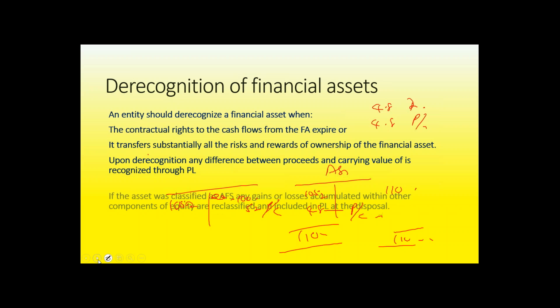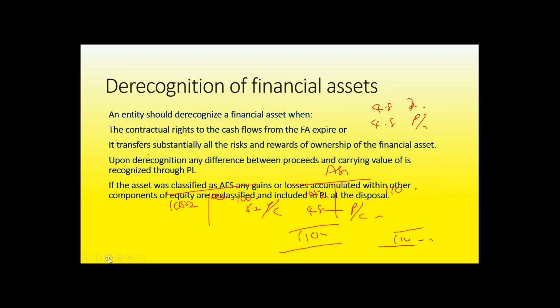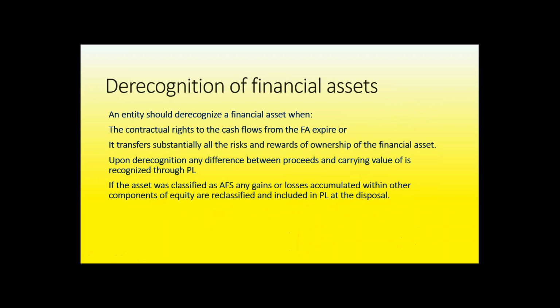So if the asset was classified as AFS, any gains or losses accumulated within other components are reclassified. You remember that we told you when it is available for sale, all our gains or losses are in the reserve account. And now when we clear up, that reserve account should get cleared up to the P&L.